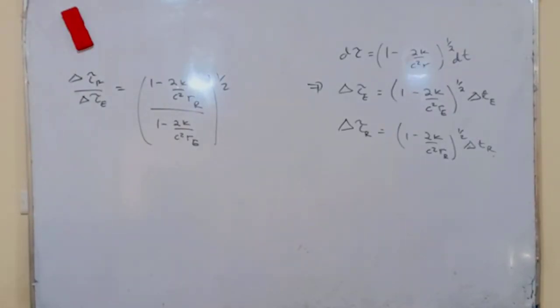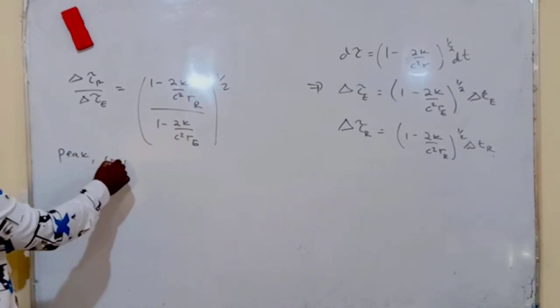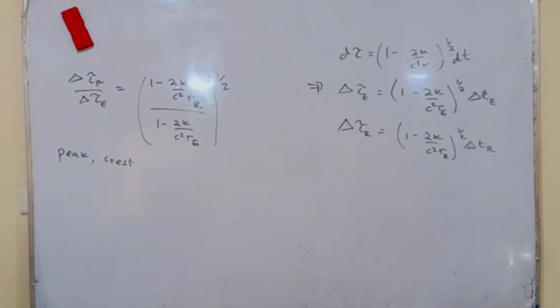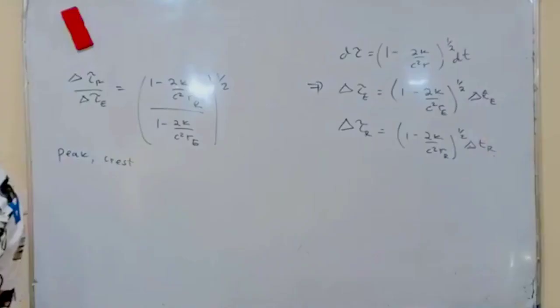So now let's consider the emission of either a peak or a crest as one event. And then let's consider n to be the number of peaks emitted in a proper time interval, the tau e.